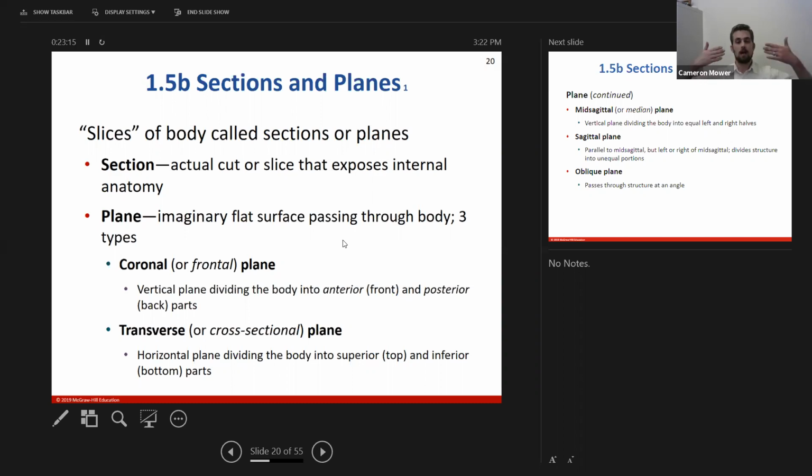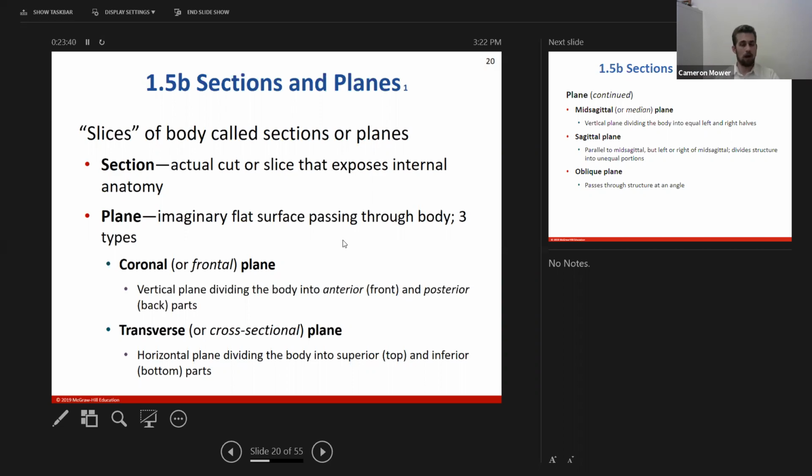That's a vertical plane, so it's going up and down, dividing the body into front and back parts. Anterior is the front, posterior is the back. So that slice is going to go all the way down the middle, sectioning the body into front and back parts.